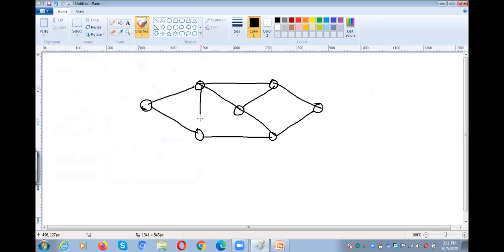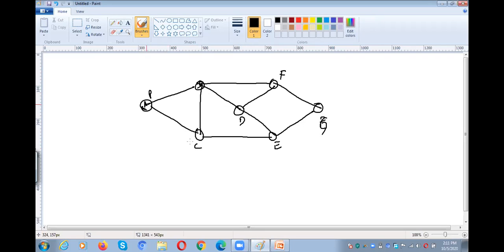For example, this is a network with nodes A, B, C, D, E, F, G. Whenever A wants to transfer a packet, it will forward the packet in all directions, so it will forward the packet to B and C. Whenever B receives the packet, it will forward the packet to this node and this node.